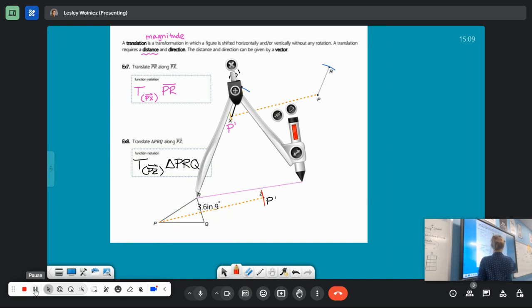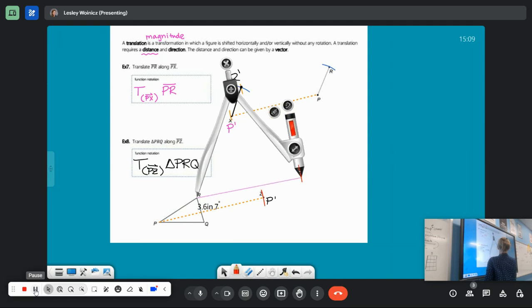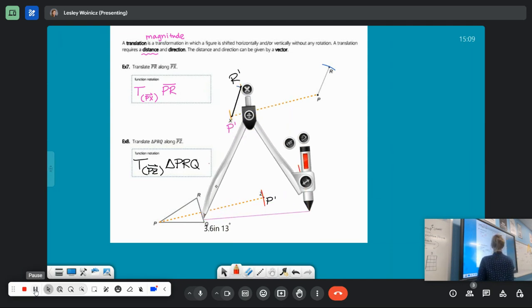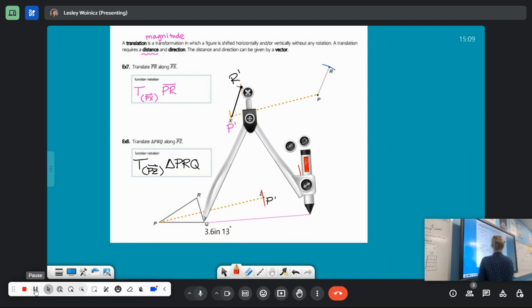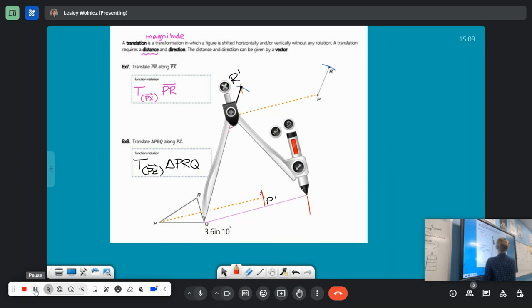So my R prime is going to be somewhere over here. I don't really know where. And my Q prime, somewhere over here. Don't really know where.